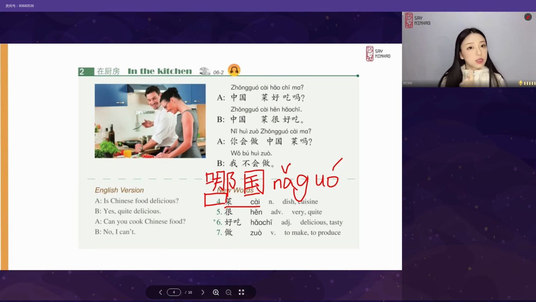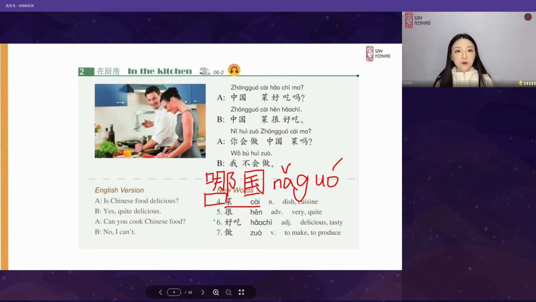So I will put you at the beginning. So 你. And then we need a predicate, we need a verb, which is eat, right? How to say eat in Chinese? It is 吃. Okay, 你吃哪国菜 is the right answer. It is the question about which country's dish do you want to eat.